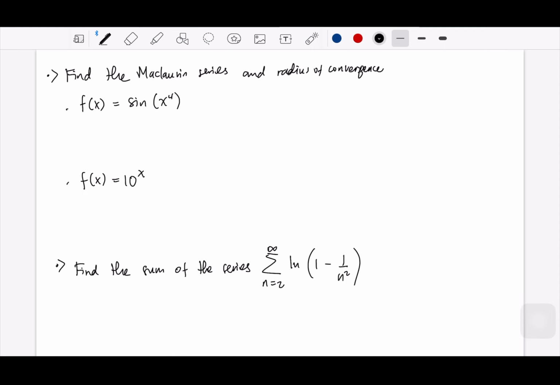And the second question, I put these questions, I think, 2 years ago as an exam question. So I think you can remember the second one. I think it's okay.